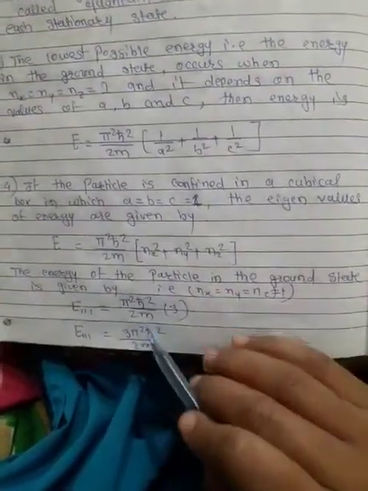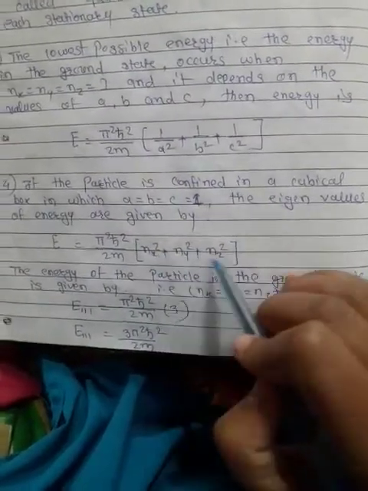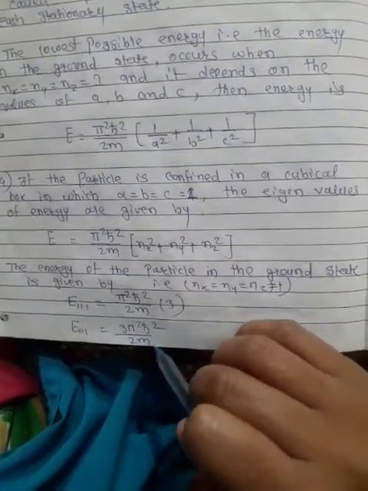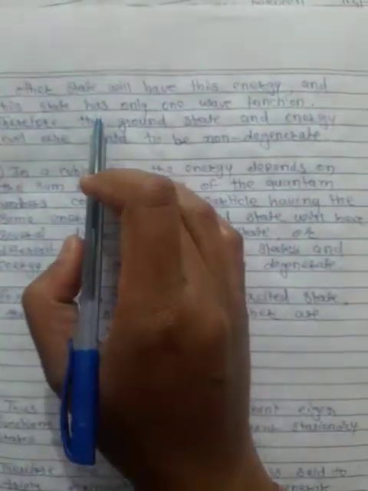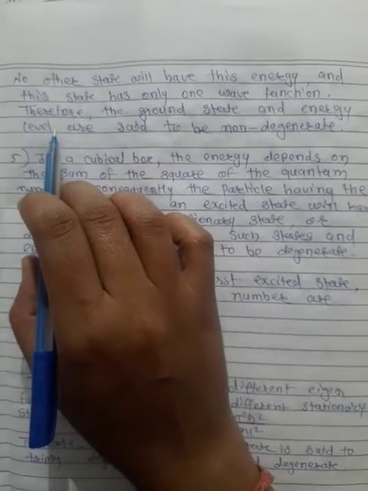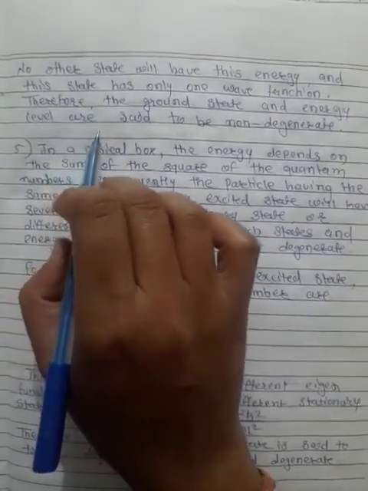Then after substituting 1, 1, 1, we get 3, so the energy becomes 3 pi square h cross square upon 2m l square. No other state has this energy, and this state has only one wave function. Therefore, the ground state energy level is said to be a non-degenerate state.